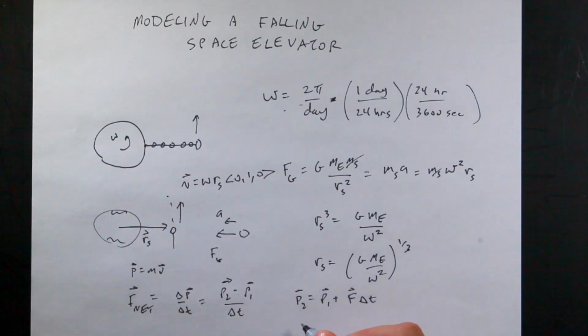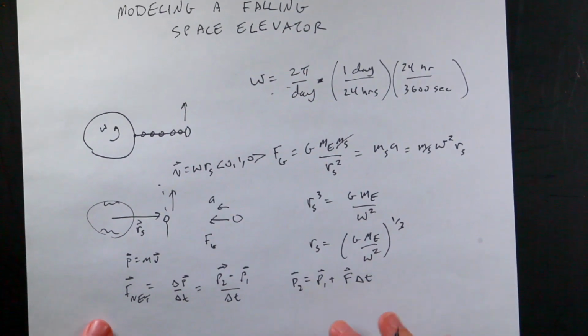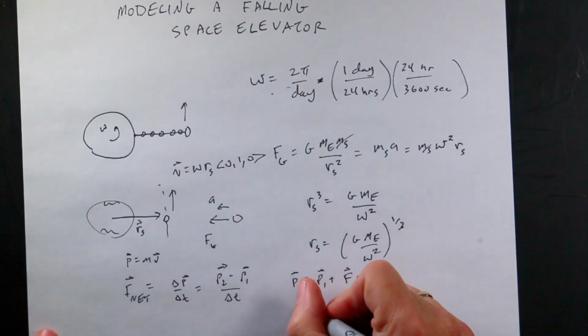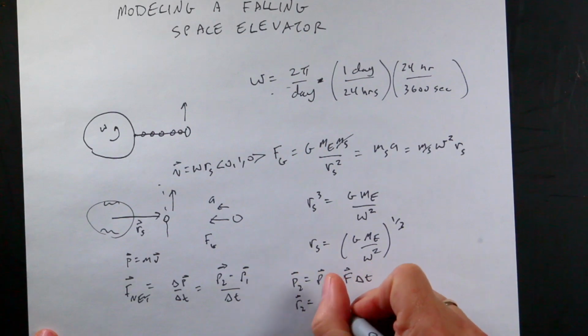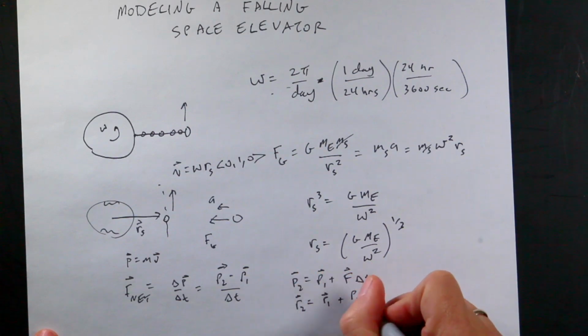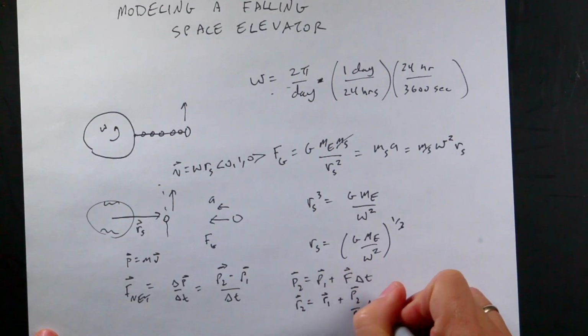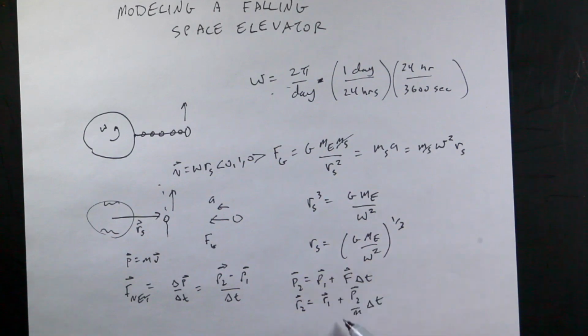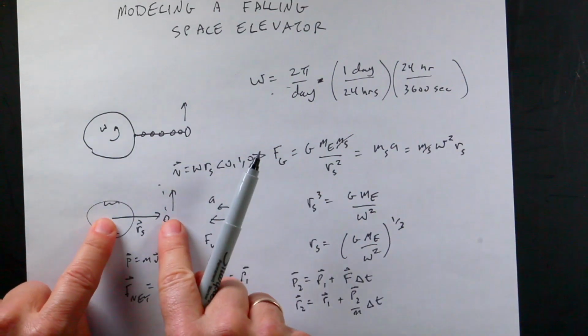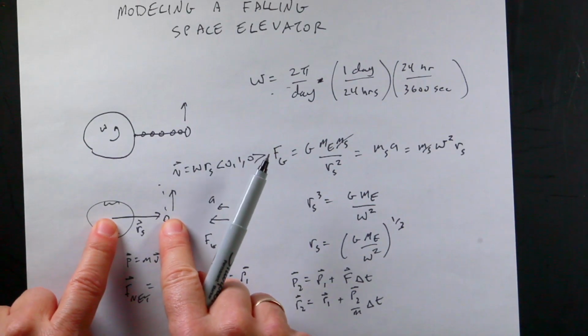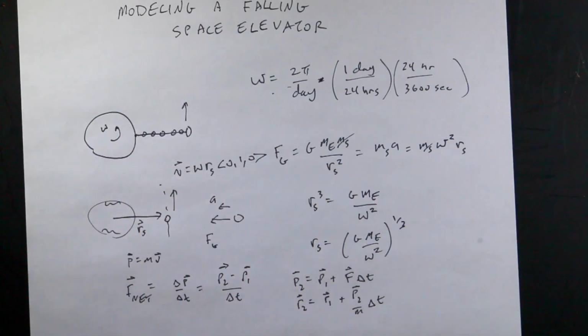Once I have this momentum, I can also use the definition of average velocity to find the new position. R2 equals R1 plus P2 over M delta t. So this says that's the average velocity, and I'm actually using it at the end of the time interval. I can find the new position, and then I can just keep doing this over and over again. And so what I should get is a geostationary satellite orbiting the Earth, staying over the same position.